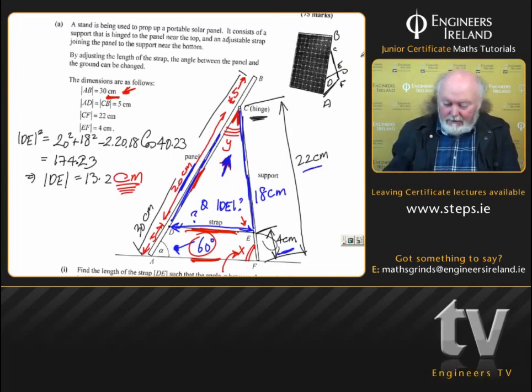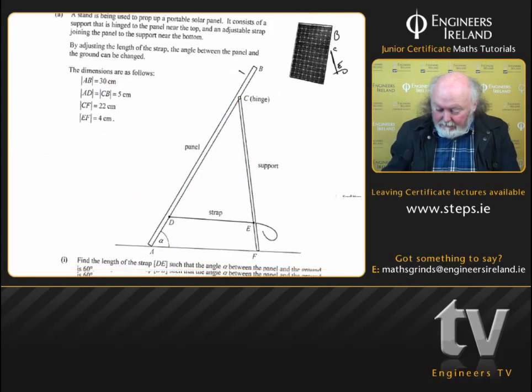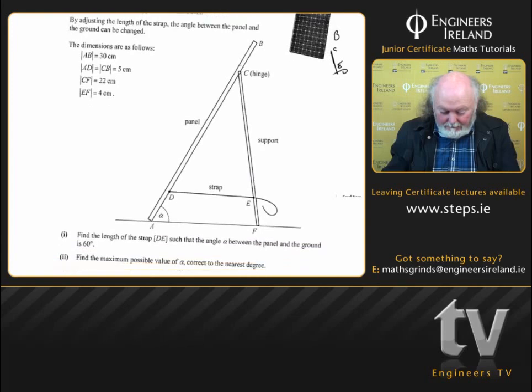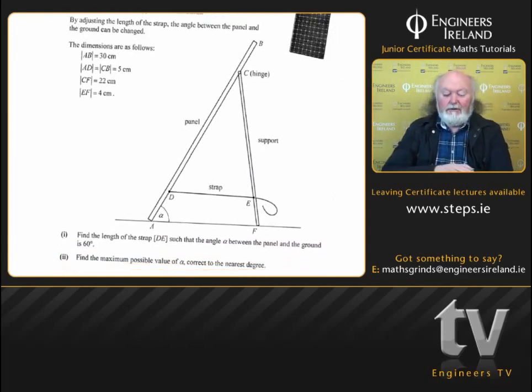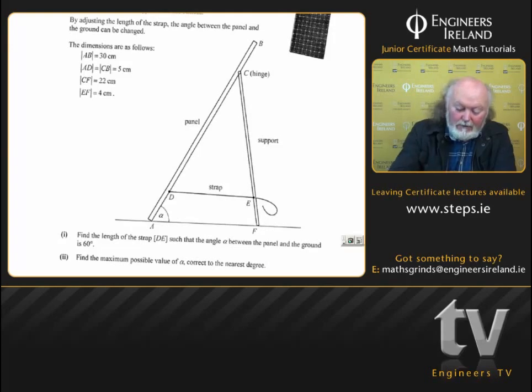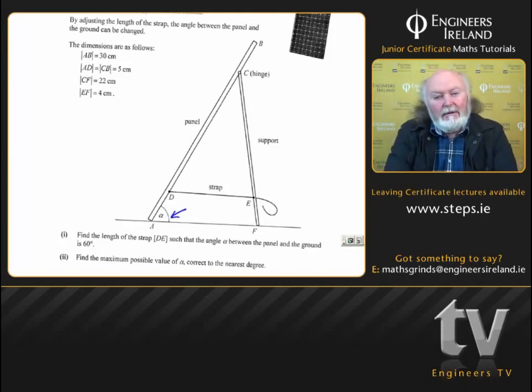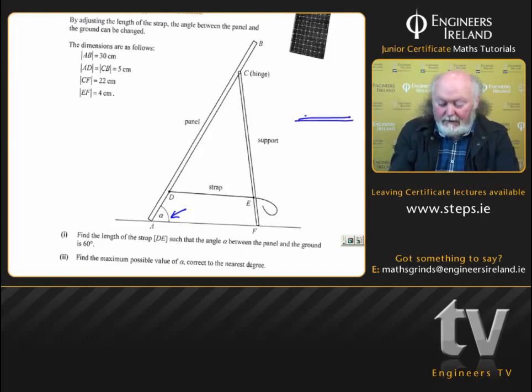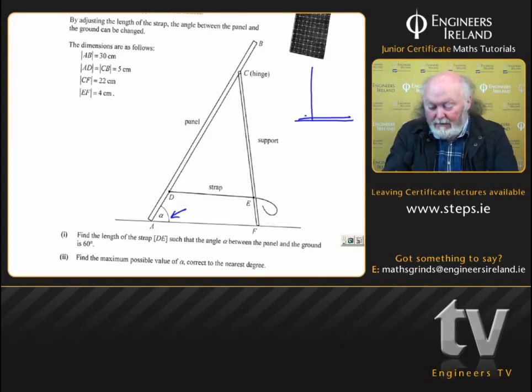What else are they looking for here? Now this is where life gets interesting. Find the maximum possible value of alpha correct to the nearest degree. Well, we could, for argument's sake, get it to stand vertical.